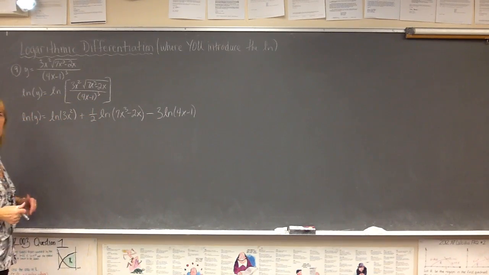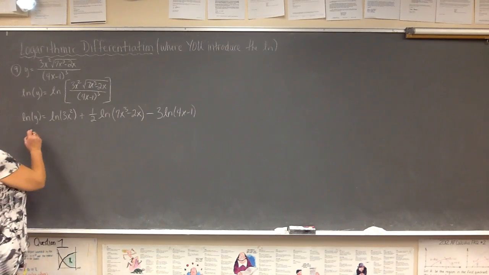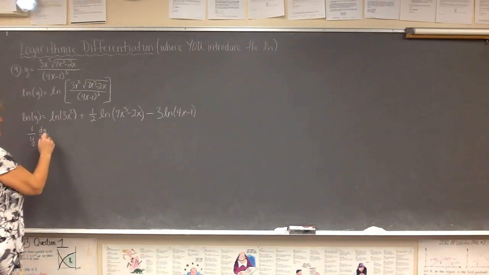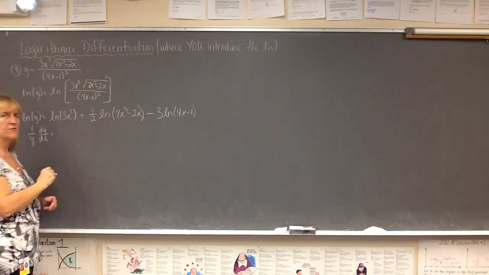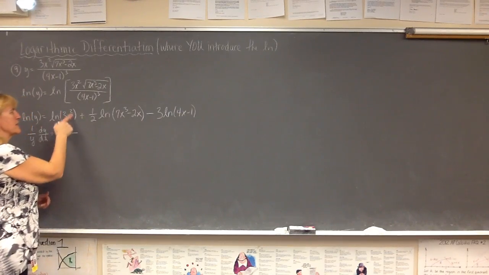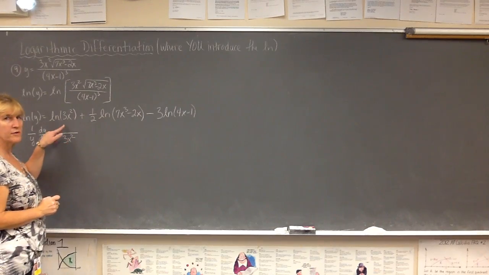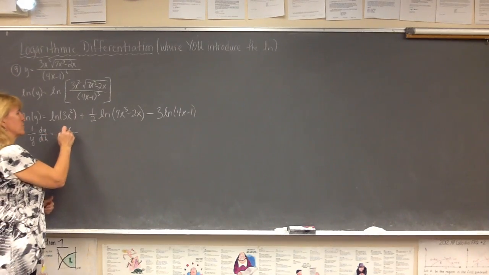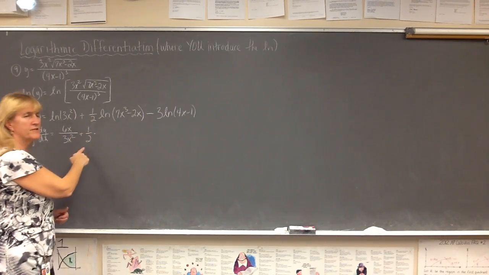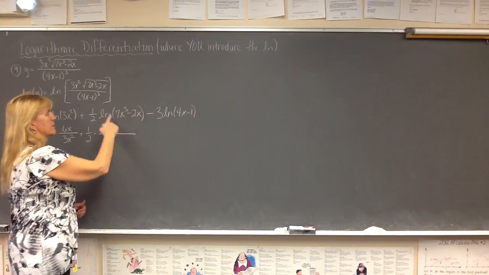And now I think I'm ready to go ahead and differentiate. The derivative of the natural log of y is 1 over y dy dx. The derivative of the natural log of 3x squared is going to be a fraction with whatever the natural log is applied to on my denominator, and then this derivative goes on the numerator, so 6x on the numerator, plus 1/2 times the 1/2 I just carry, it's a constant, a fraction again, whatever my u is here.